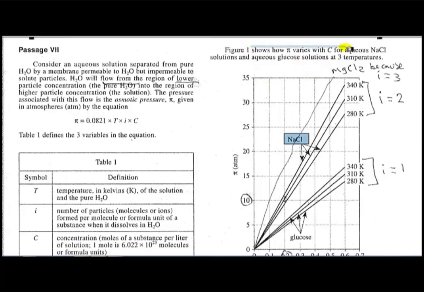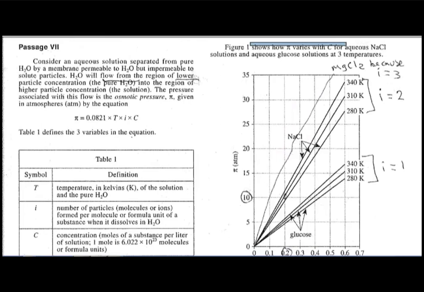So probably somewhere in this area here. What's that going to do to NaCl? That's what they're asking. When we add in MgCl2 here behind, what's going to happen to this line?